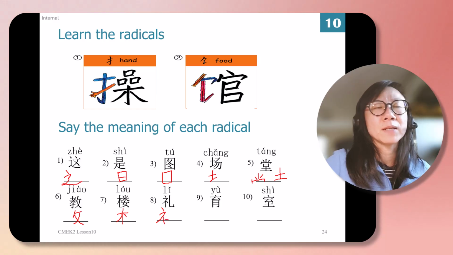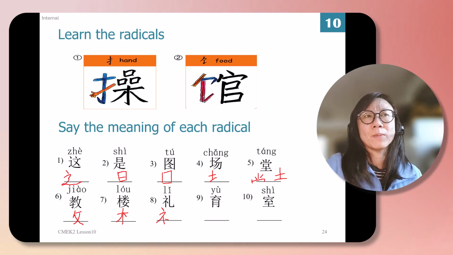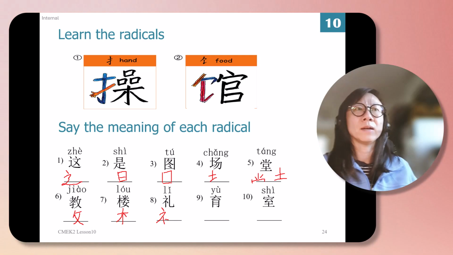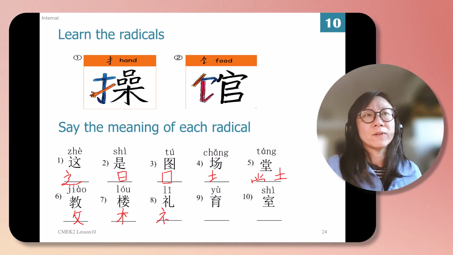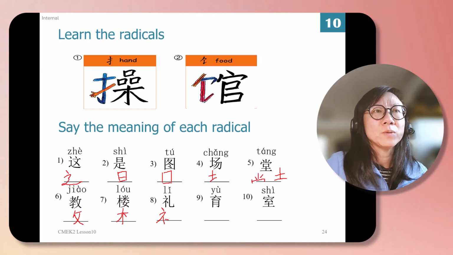So that's basically means li means ceremony. And for the ceremony to go ahead, in the traditional way or the religious way, there needs to be some revelation. And also for 体育的育, we can pick up the moon radical at the bottom.